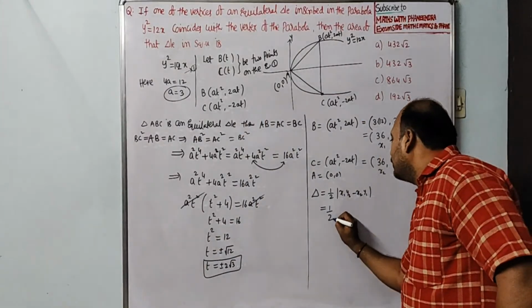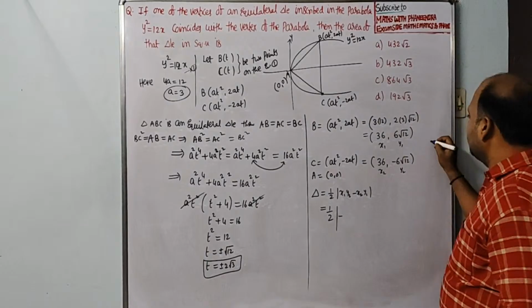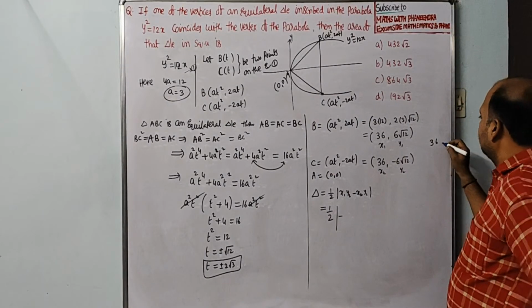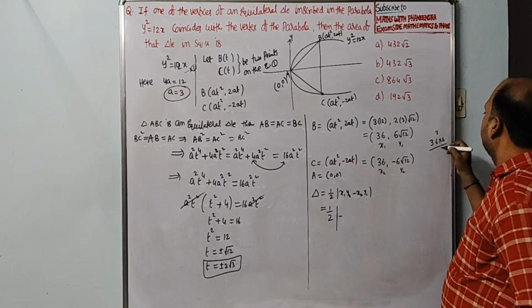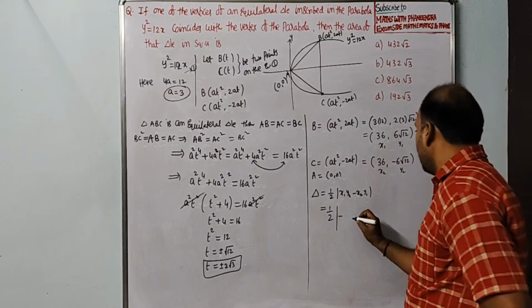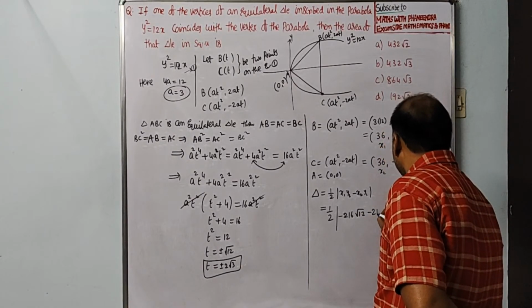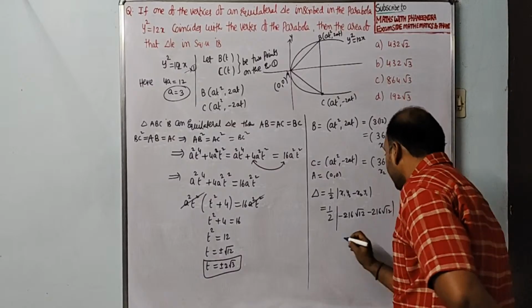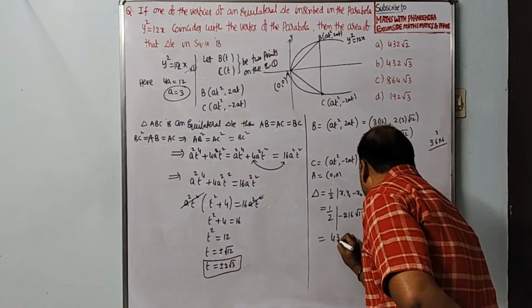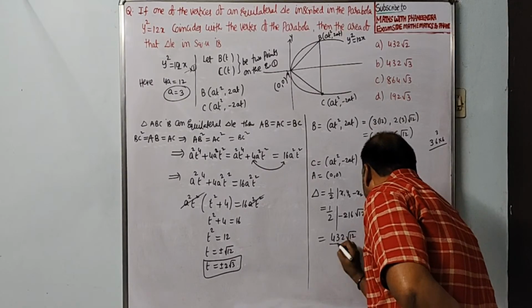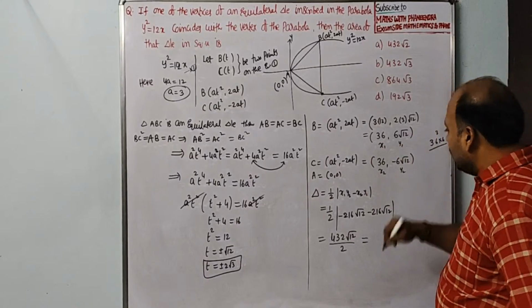So half into x1 y2, 36 into 6 is 216 will come. Yes. Minus 216 root 12 minus 216 root 12. So which is equal to, within the modulus, it will be plus 432 root 12 divided by 2. That is equal to, in terms of root 3, and 2 is there.